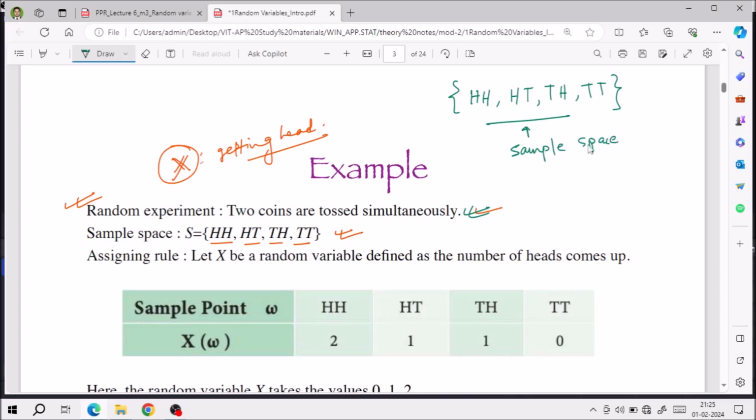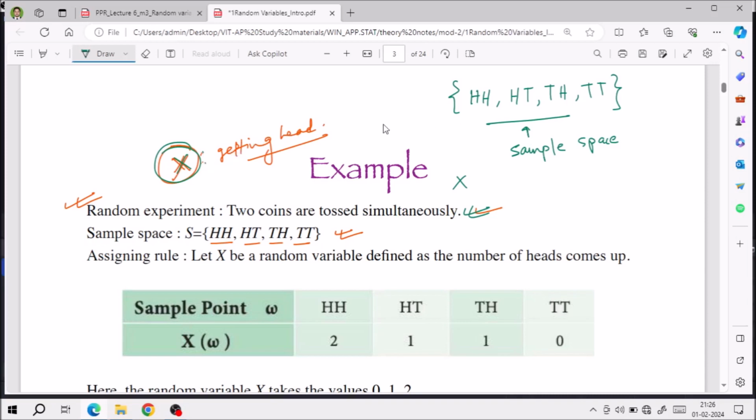Now, just now we have defined what a random variable is. A random variable is nothing but a rule which will map each of these sample points to some real number. Now, consider X is a random variable which will represent the number of heads.